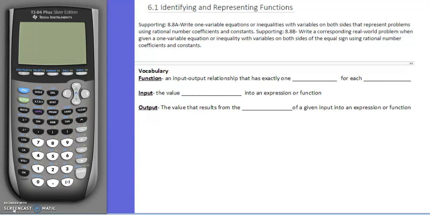Identifying and representing functions. Function, an input-output relationship that has exactly one output for each input.